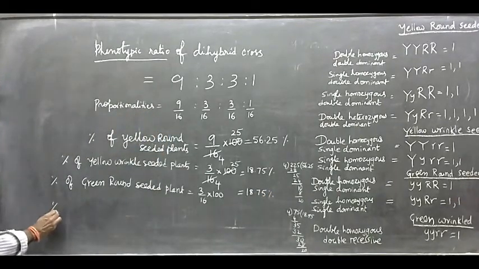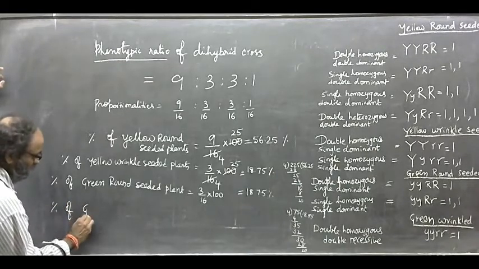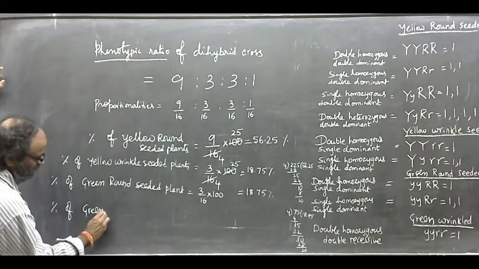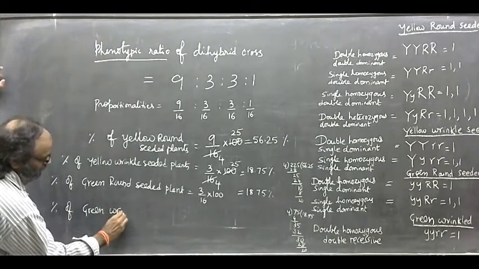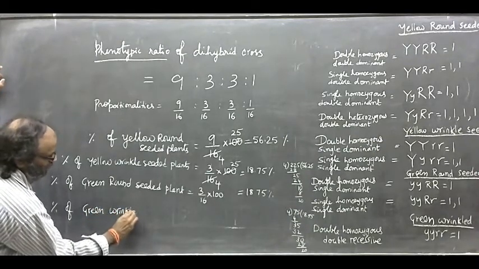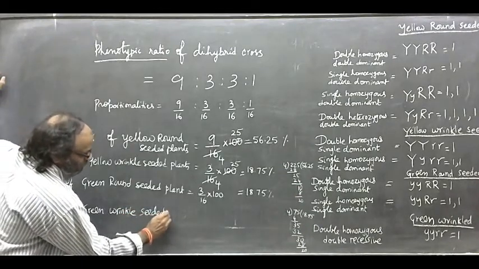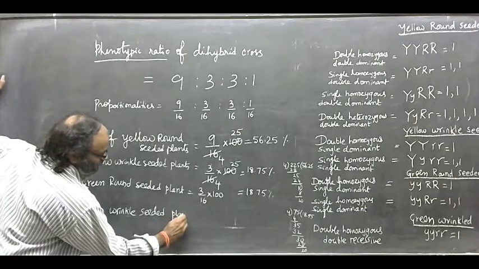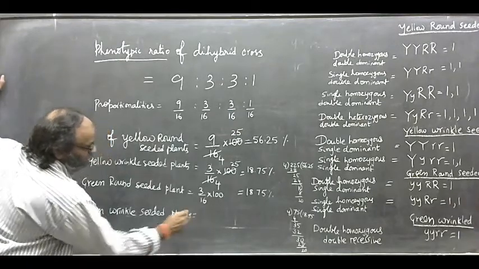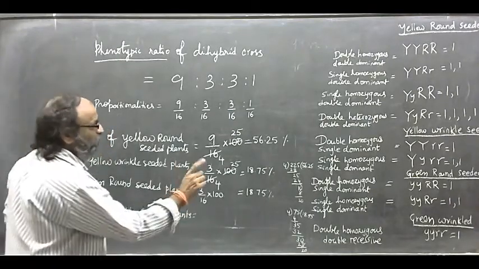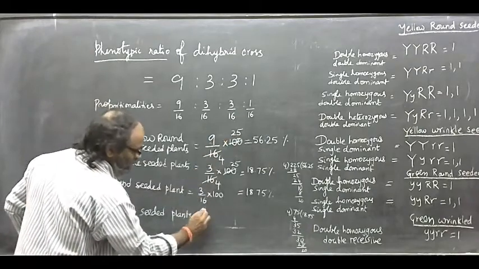Whereas the percentage of green wrinkle seeded plants is only 1 out of 16.